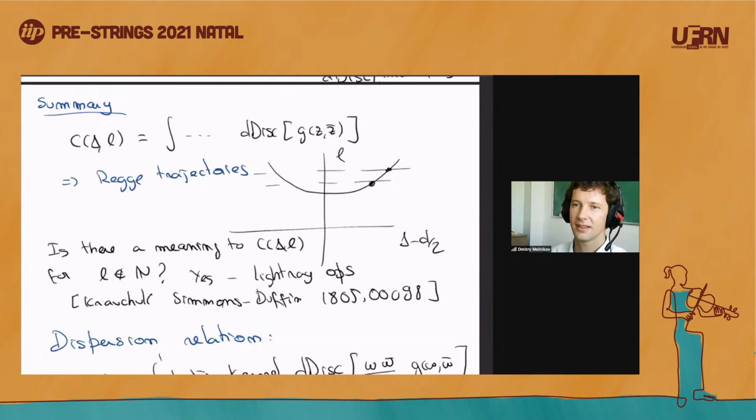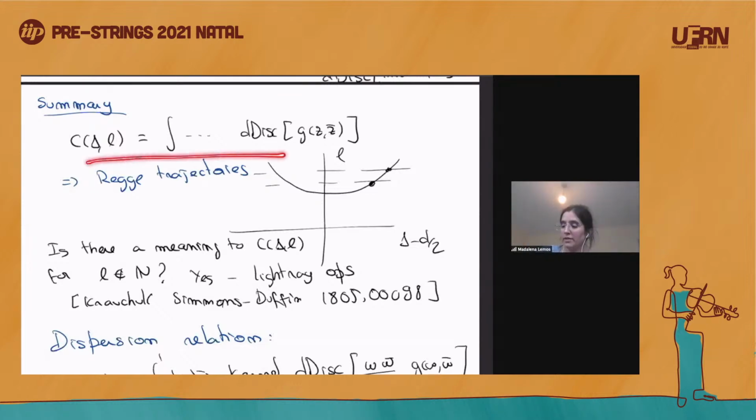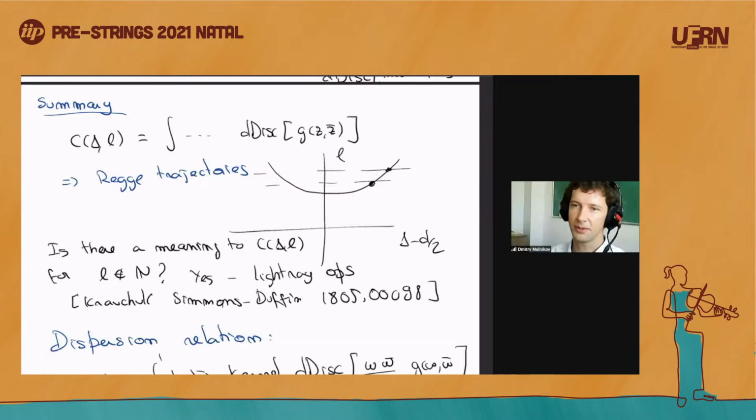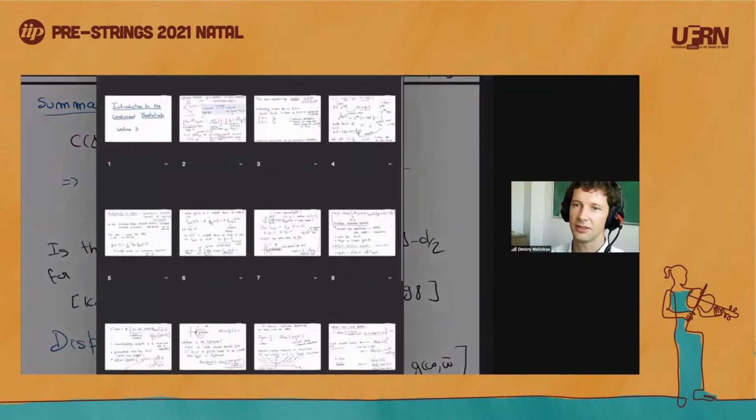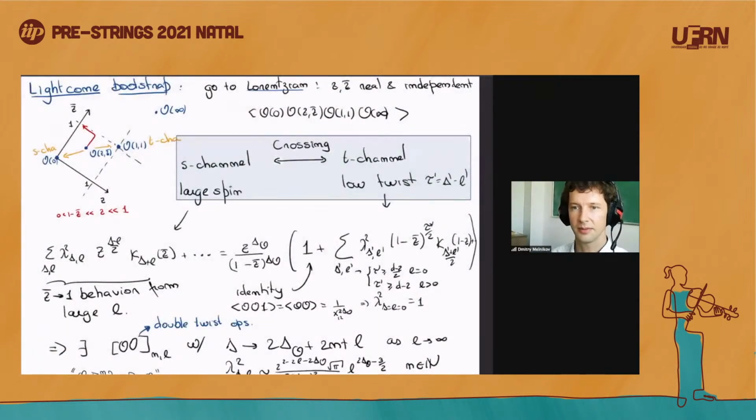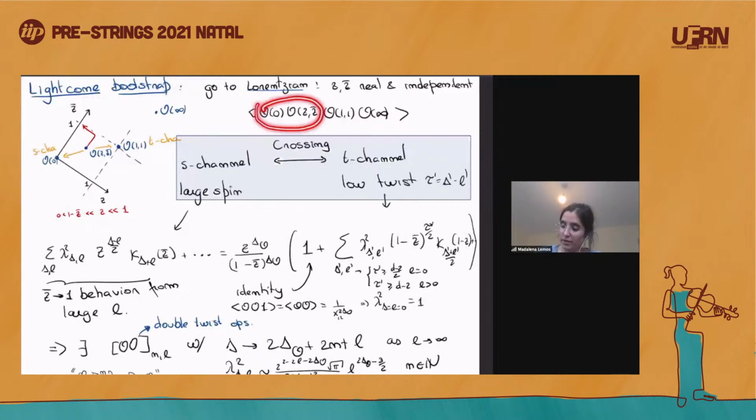You mean not in the language of the inversion formula, but in the original light cone bootstrap? So here what we're comparing is computing this correlation function using two different OPEs. This OPE is the S channel, and this OPE is the T channel.